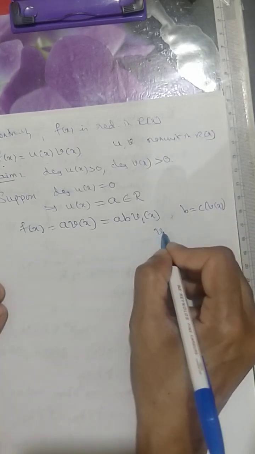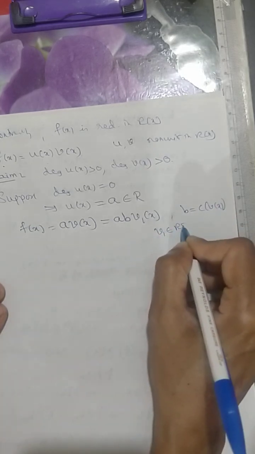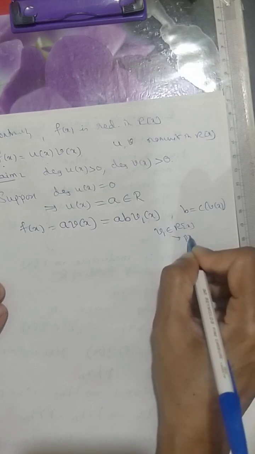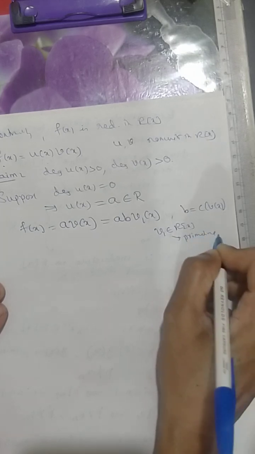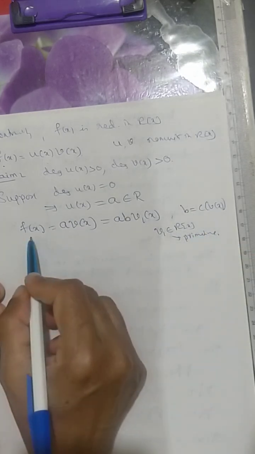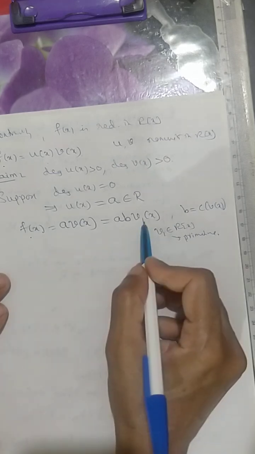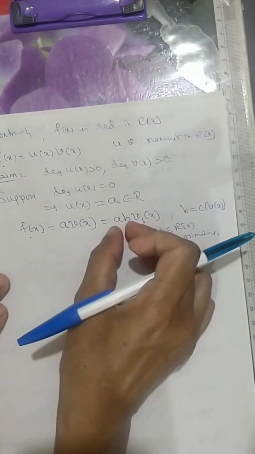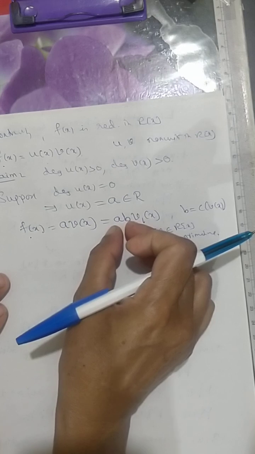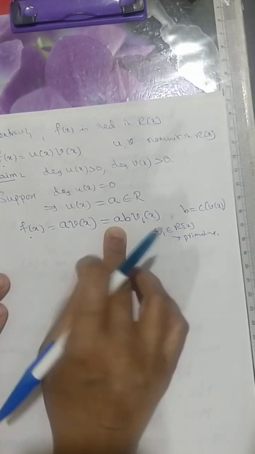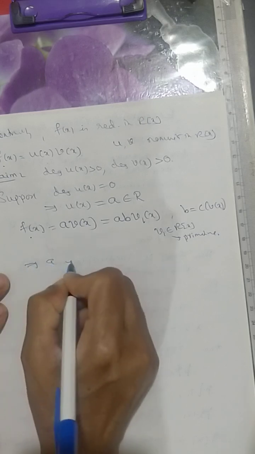And what is this v1? v1 is a polynomial over R again, and it is a primitive polynomial. Now f(x) is a primitive polynomial, v1(x) is a primitive polynomial, so it follows that ab is a unit in R, which in turn implies that a is a unit in R.